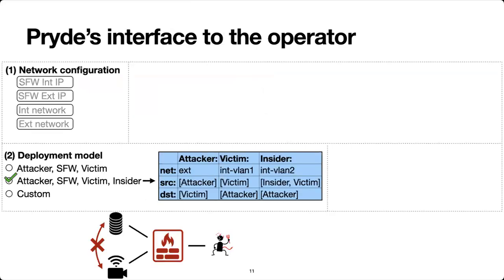Secondly, the operator needs to specify the deployment model. So for instance, this is a description of the deployment model in which I described the evasion attack. So for instance, the insider resides in the internal VLAN 2 network. It can send a packet with its own source IP or the victim source IP, which is the spoofing part, and it can send a packet destined towards the attacker.